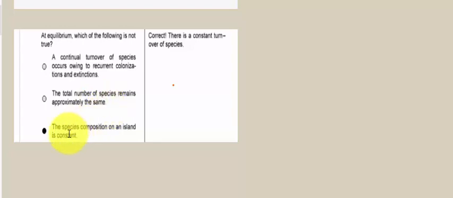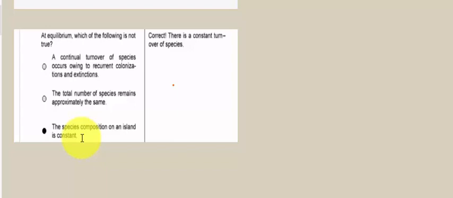Third statement is the species composition in an island is constant. So this statement is wrong. The correct statement is there is a constant turnover of species. That means if there is some rate of immigration, then there will be an equal amount of extinction. So then only the equilibrium will be reached.